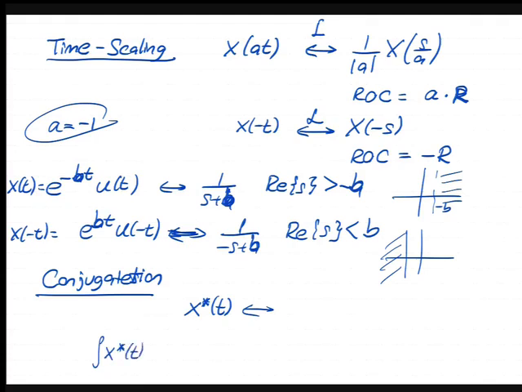That means I'm doing this integral of x star of t, e to the negative st dt, right? Can I write this as everything altogether starred? What would happen to the integral if I want to star everything? If I want to factor out the star, that is.